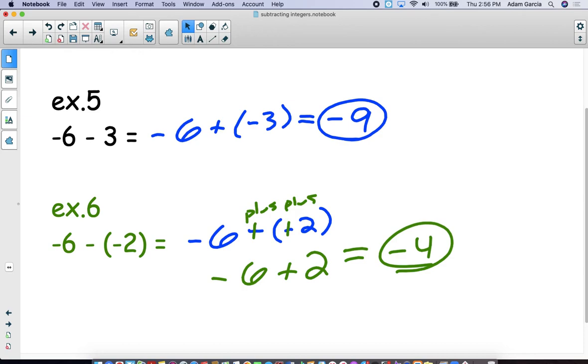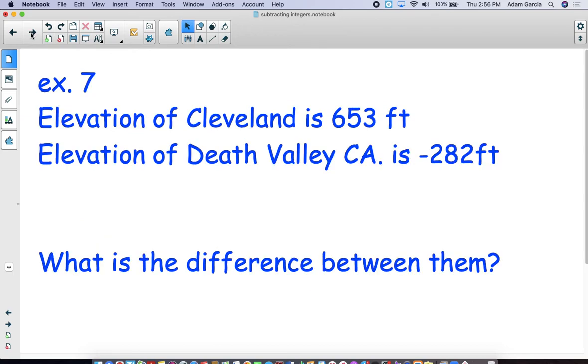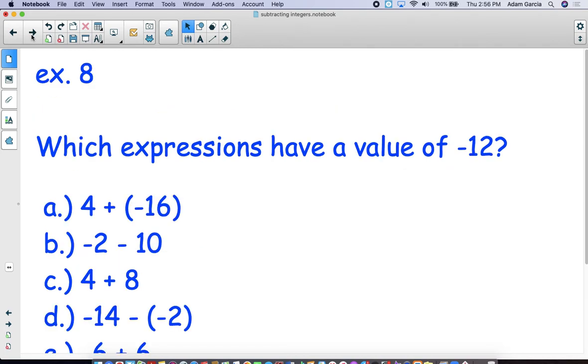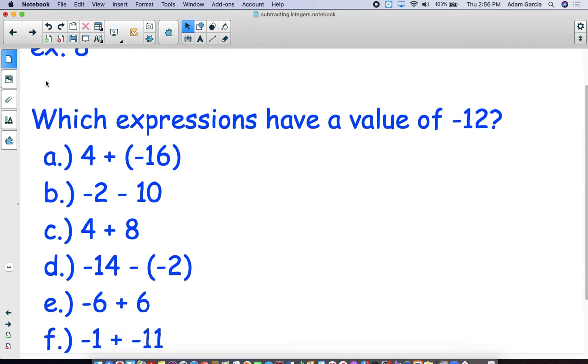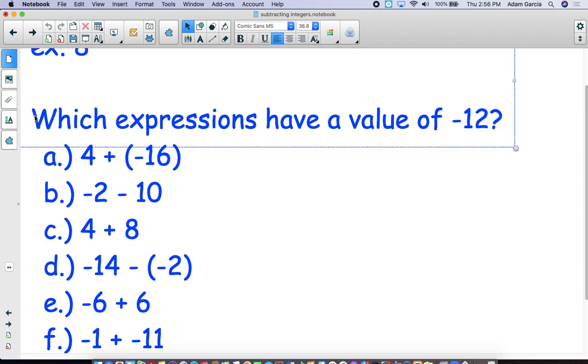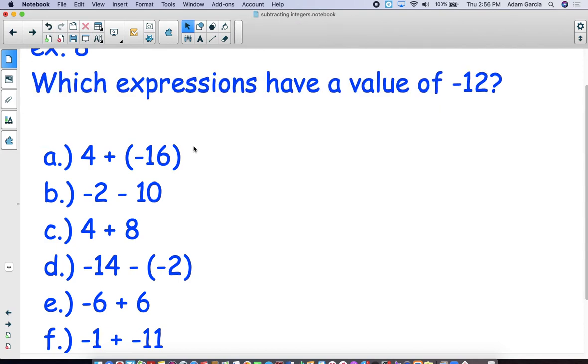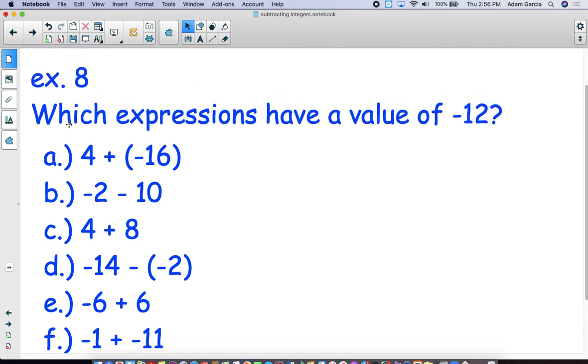I'm going to skip the next example, and I'm going to go straight to the last one. I want to know which of these, write down all of them, A, B, C, D, E, F, which of these has a value of negative 12? There's going to be more than one.